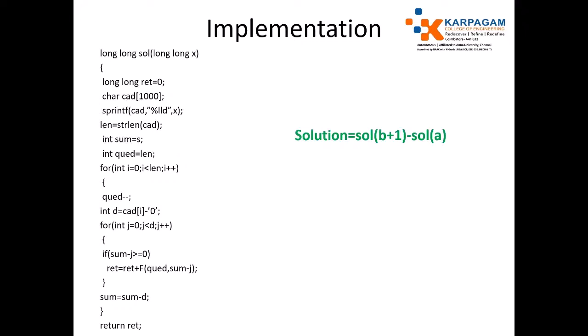That is, we have to give values a and b, and we need to find the count of numbers whose sum of digits is a prime number. In this way, by using this digit dynamic programming, we can solve this problem. Okay, thank you.